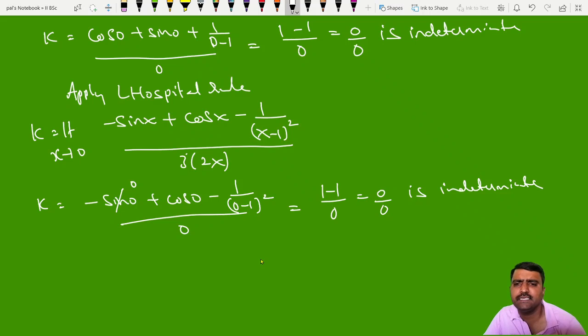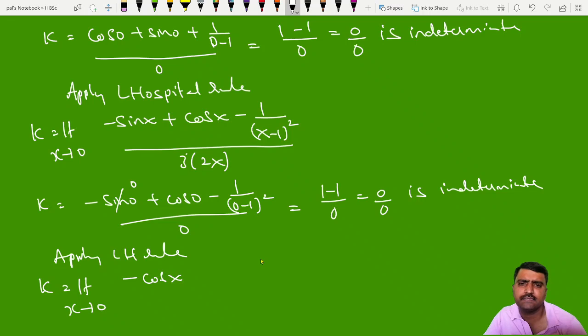So when it assumes indeterminate form, once again you apply L'Hospital rule. Then k is equal to limit x tends to 0. Differentiation of minus sin x is minus cos x. Differentiation of cos x is minus sin x.